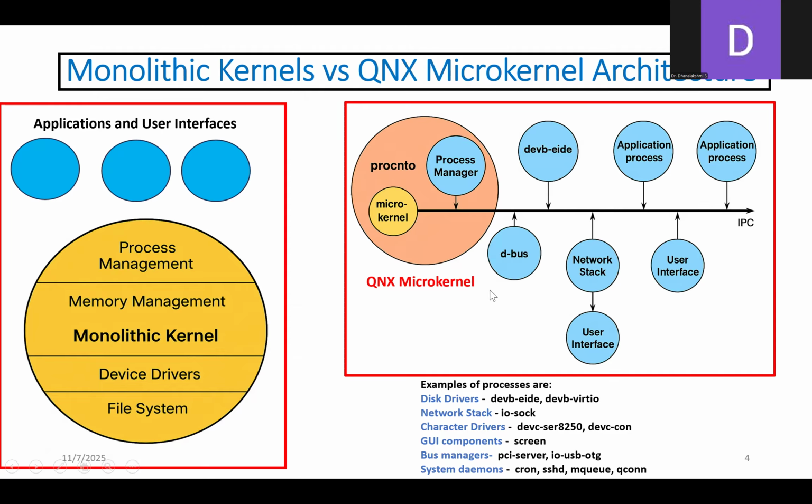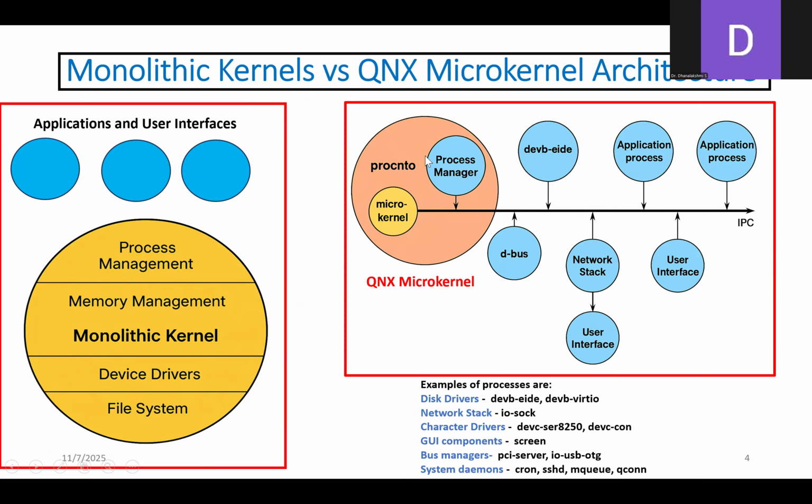In contrast, the QNX microkernel follows a very modular design. Only the essential services such as the scheduler, interrupt handling, and IPC, which means interprocess communication, run inside the kernel.